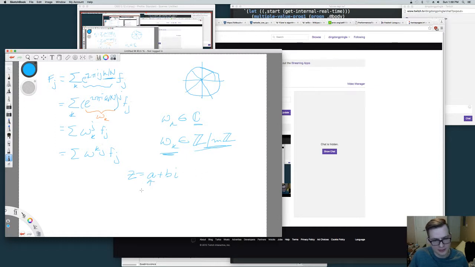So this is a double, and as is this. In memory, it looks something like this: this is 8 bytes, and this is 8 bytes as well. The first double float is here, the second double float is here.